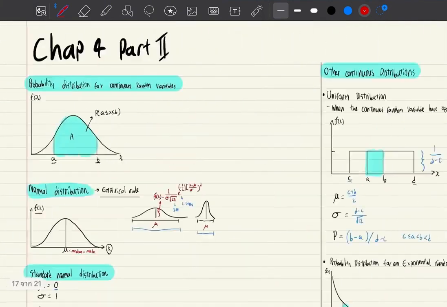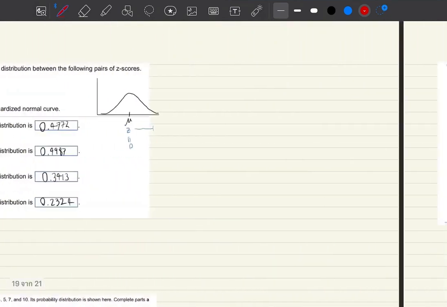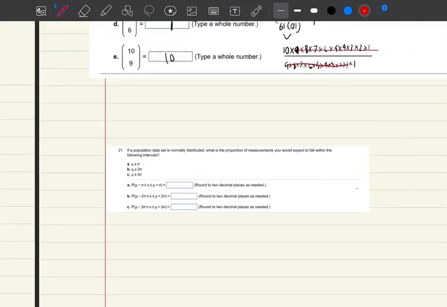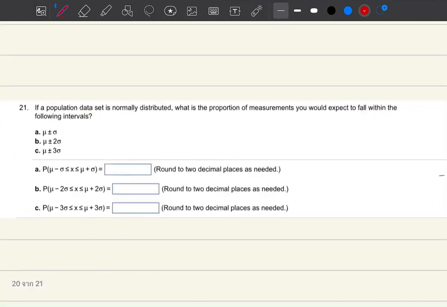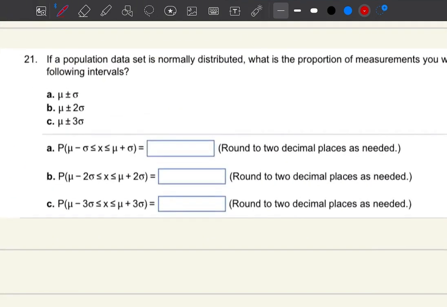So here the probability of x fall within 1 standard deviation is 68% or 0.68.